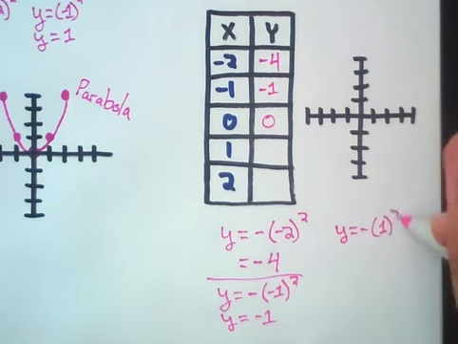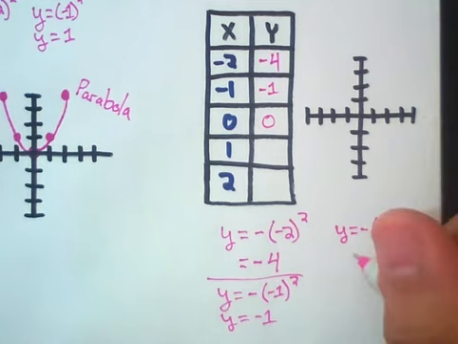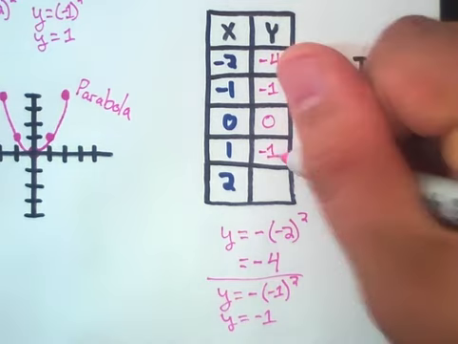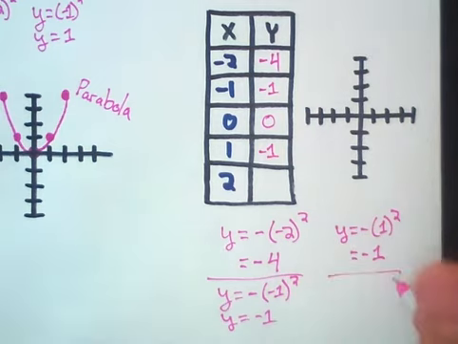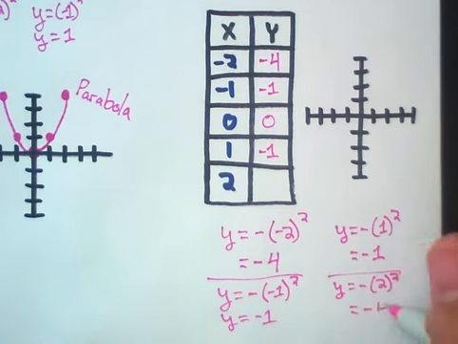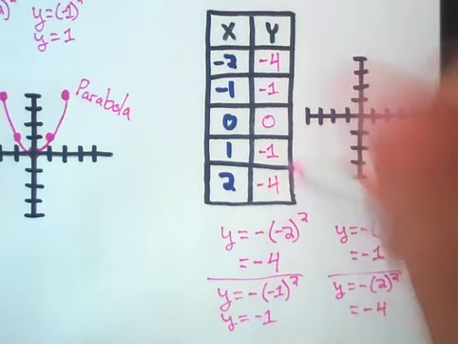Now, we should know that 1 squared is 1. But this negative remains, and it's going to actually make the value negative. And in fact, when I do the next x value, 2 squared is 4, but again, the negative is going to make it negative 4.